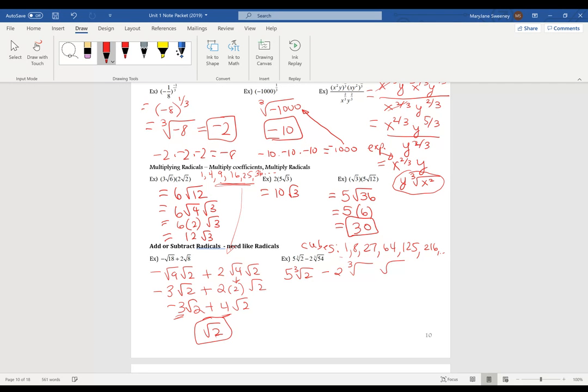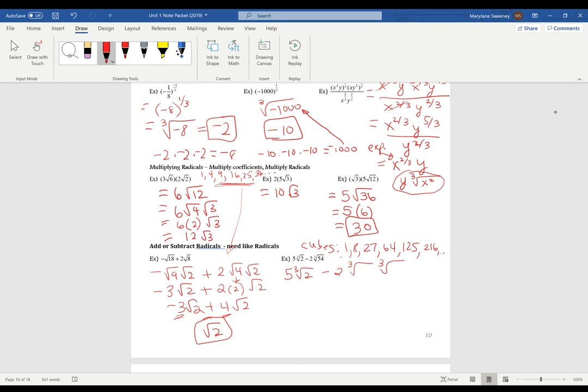Now, 54, I'm going to break that into 2 cubic roots. Be careful. Sometimes people, when they're doing these, they get a little sloppy and they forget their cubic root. So just be careful of that. So now I would have to either take your calculator or just think about it.